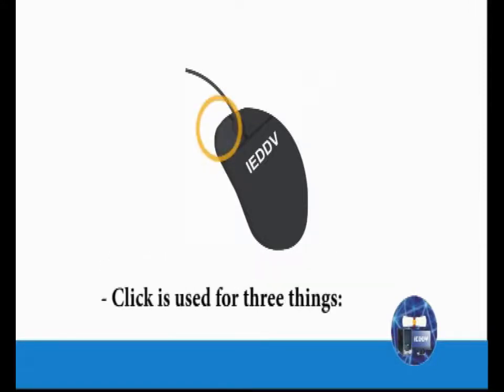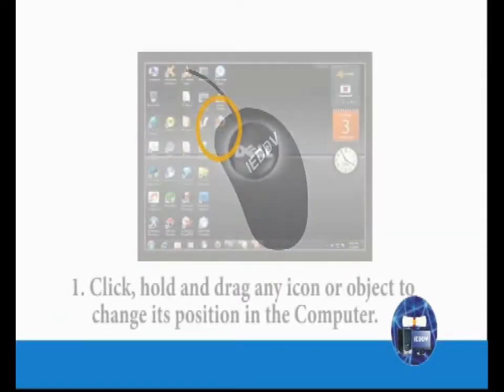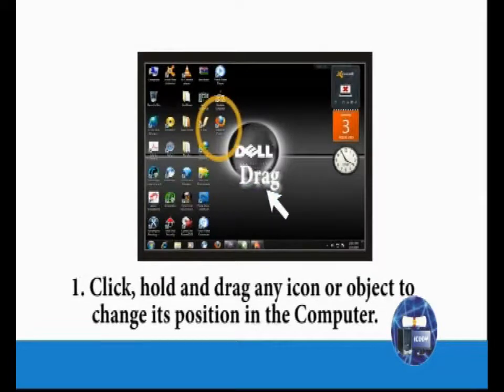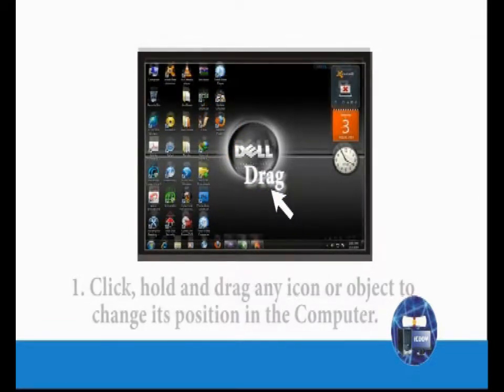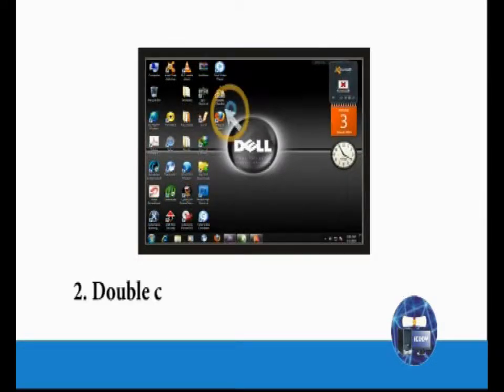Click is used for 3 things. Click, hold and drag the icon or object to change its position on the screen of the computer. Double click to start or open a program.